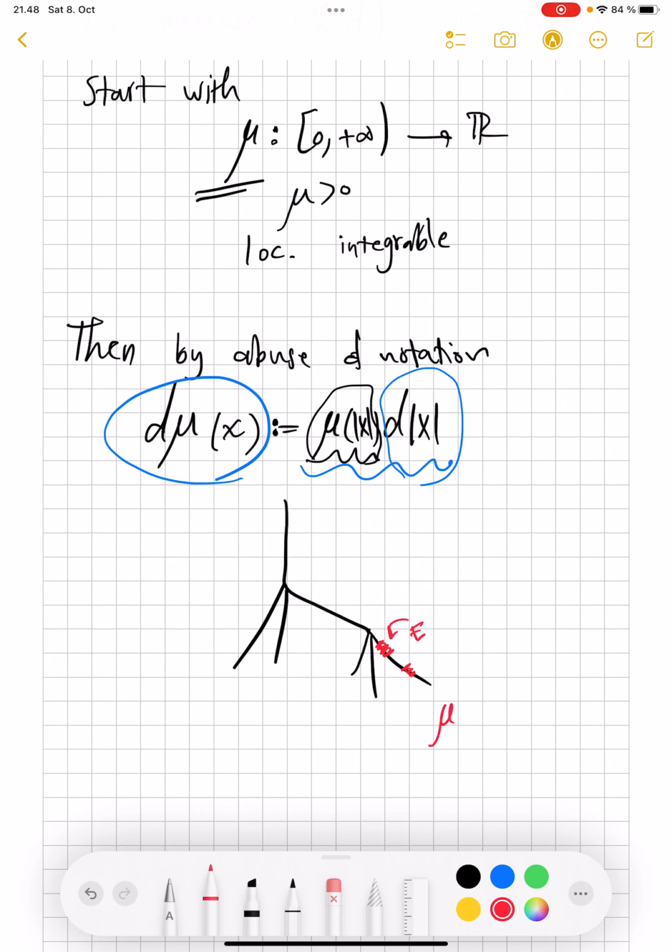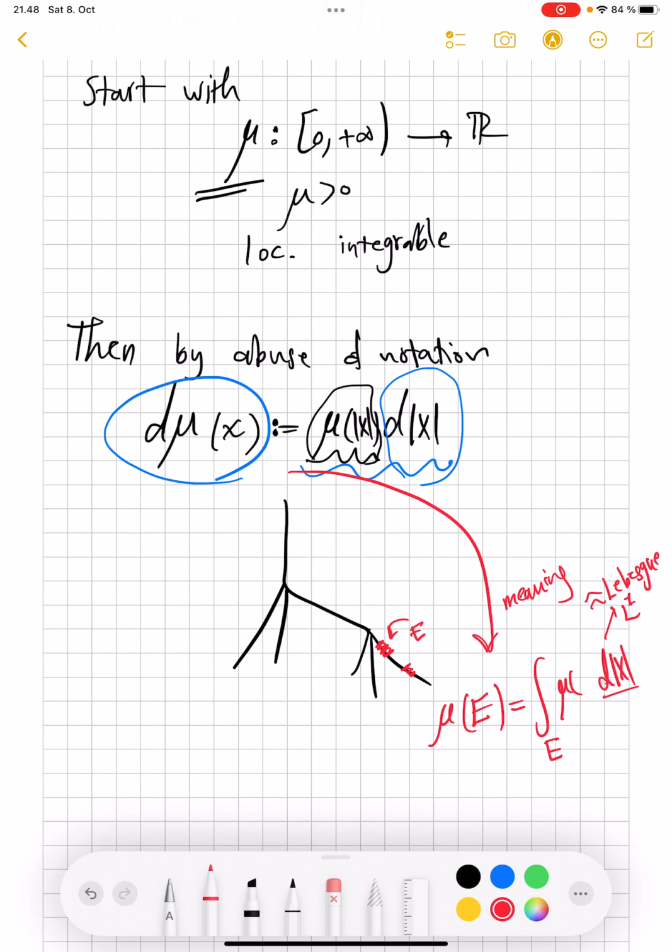Then I have to just give you the measure of such an E. And what this notation means is that you integrate over E against this original measure, which is again just Lebesgue L1 when you reduce to this one edge. If you integrate just one, that will be just the Lebesgue measure of E.